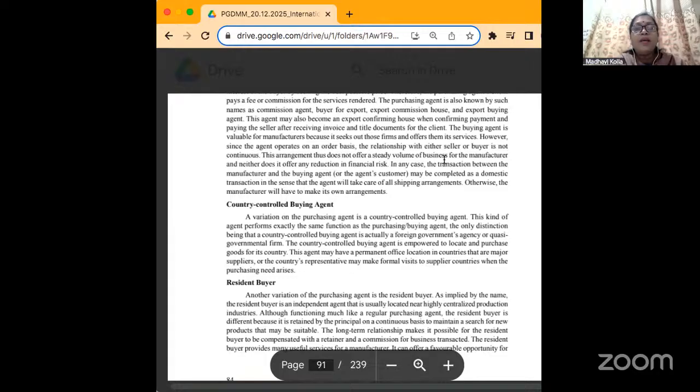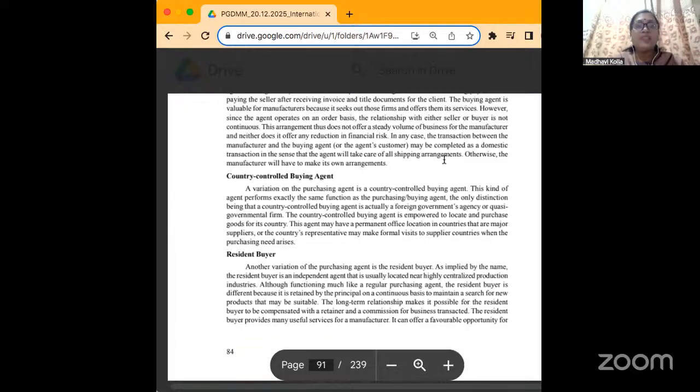Or it can be that the manufacturer themselves have to make all the transportation and logistical arrangements, and the buying agent only receives those products and then distributes them locally and sells them. So, what kind of risks are involved in these different settings?